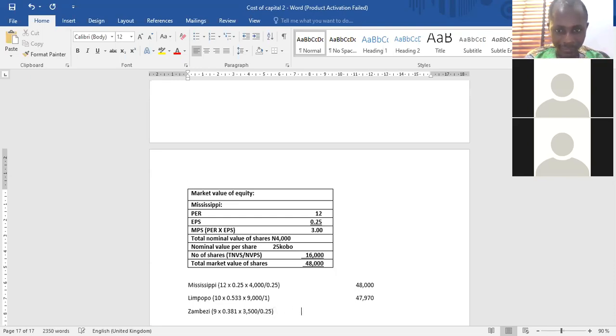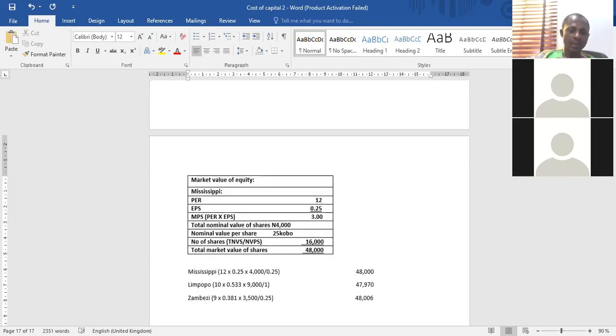So let's solve this. We have 3,500 divided by 0.25 times 0.381 times 9, which gives 48,006.